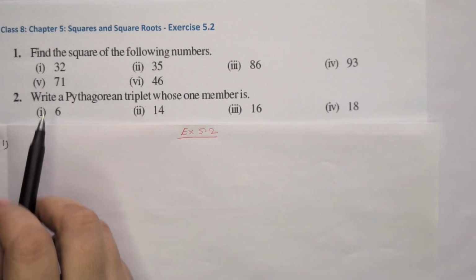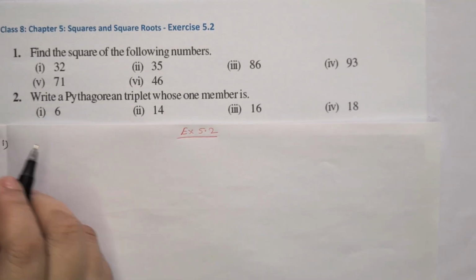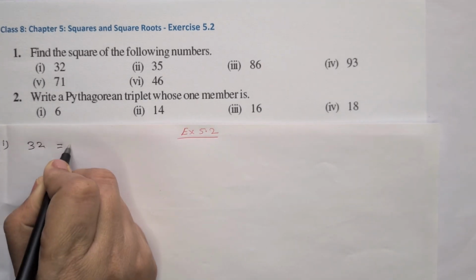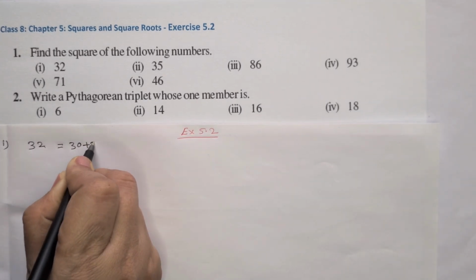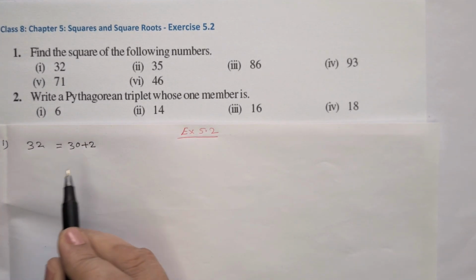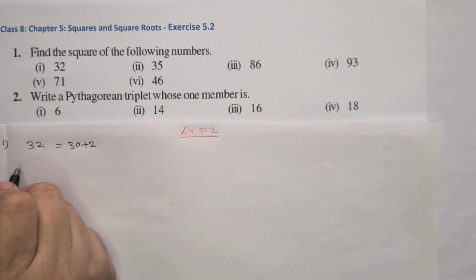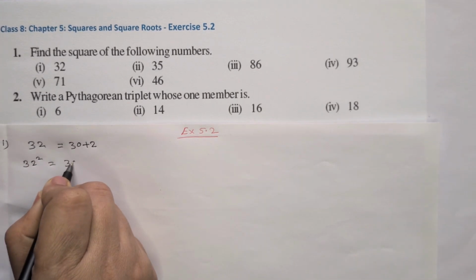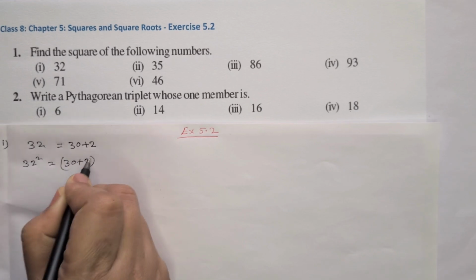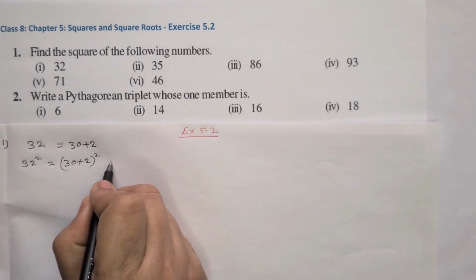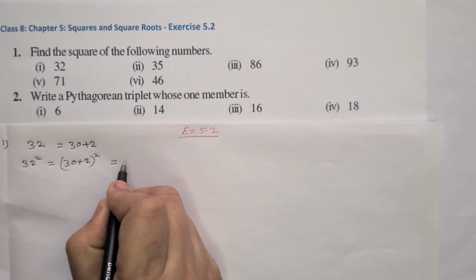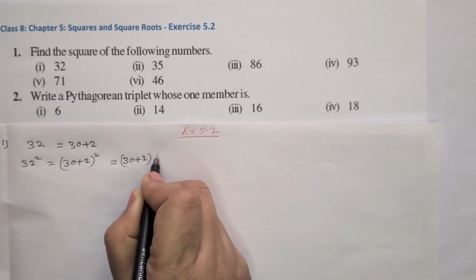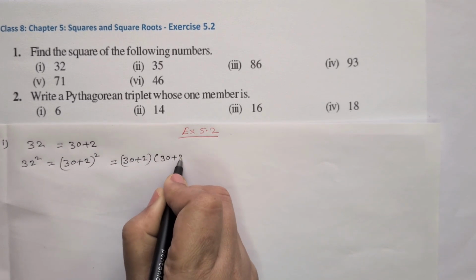Exercise 5.2, first question: find the square of the following numbers. First number 32. We know that 32 we can write as 30 plus 2. Then the square of this number, 32 square, is equal to 30 plus 2 the whole square. This we can write as 30 plus 2 into 30 plus 2.